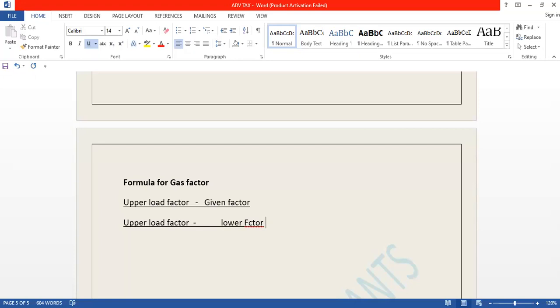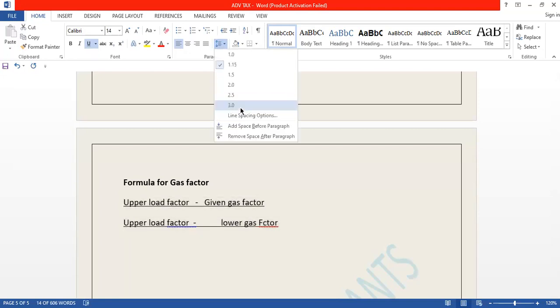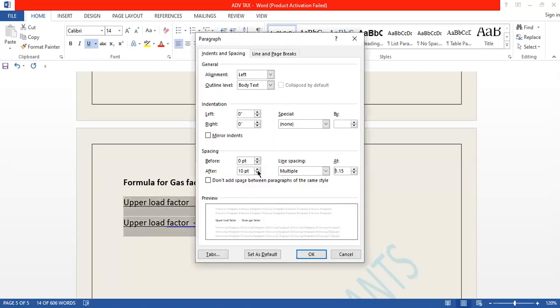So this is giving gas factor, and this also lower gas factor. I want to make that formula make sense so that when you see it, it will be easier for you to pick up and you'll be fine with it.